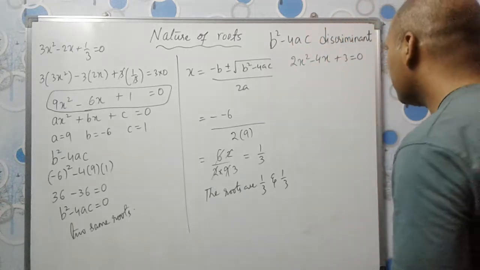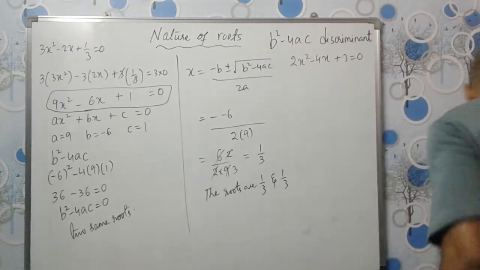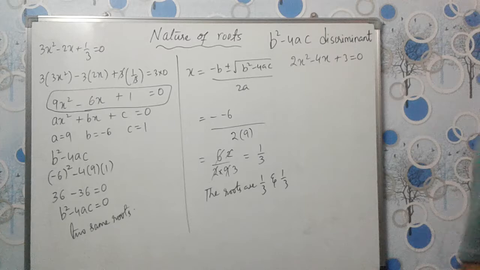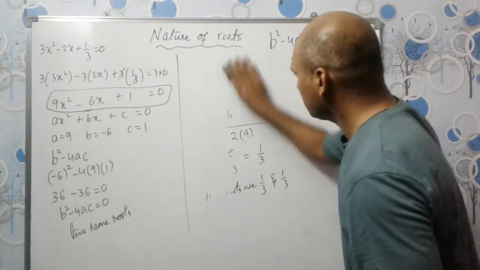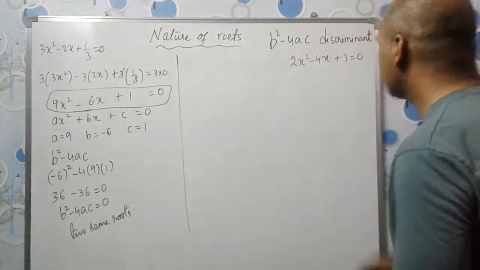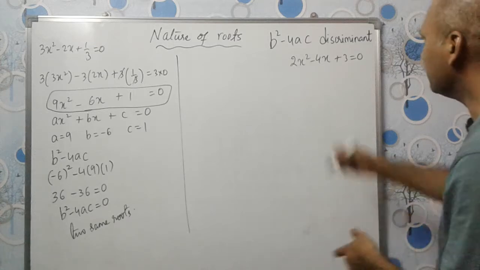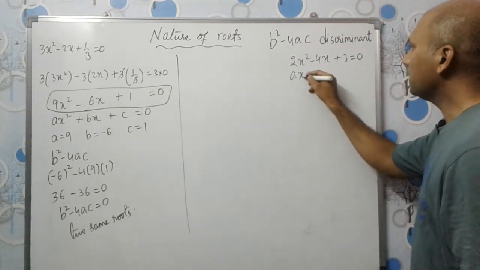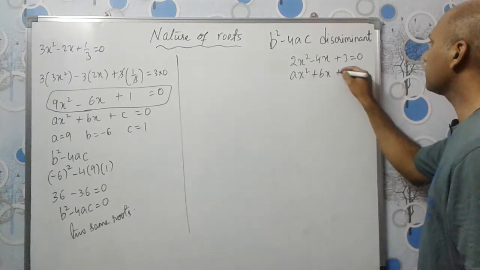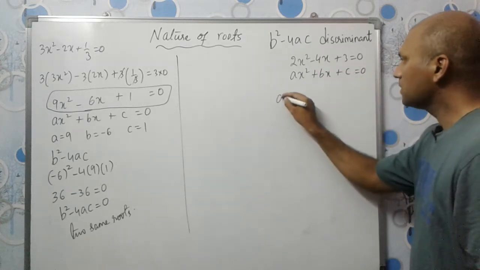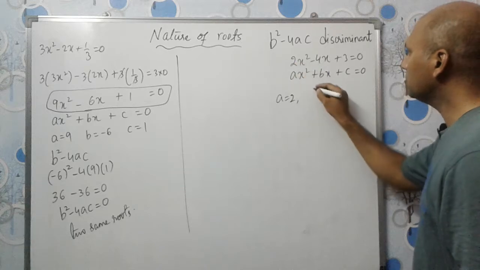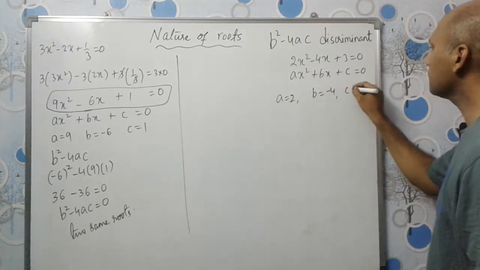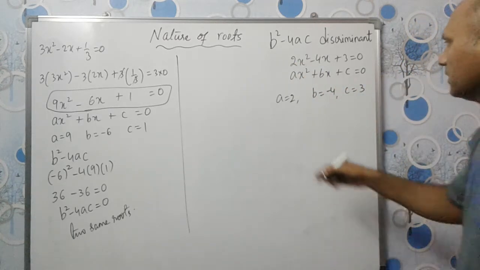All right, now let us find this one. Let me rub this. Let us find the nature of roots. Ax square plus bx plus c is equal to 0. So a here is equal to 2, b here is equal to minus 4, c here is equal to 3.